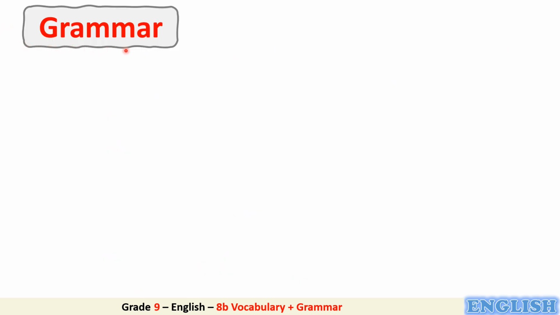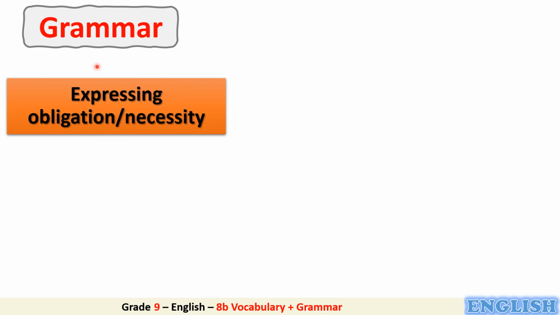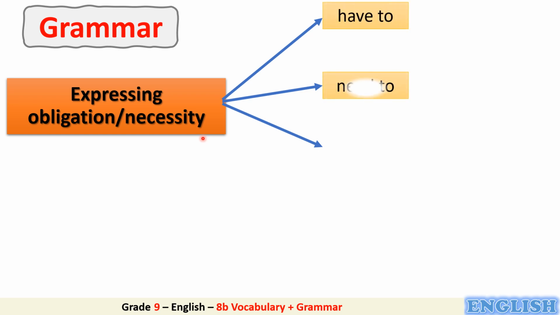Now let's move to the second part of our lesson today, which is grammar. For expressing obligation or necessity, we use these three modal verbs: have to, need to, and must.